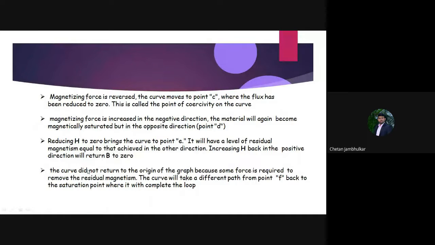The curve does not return to the origin of the graph because some force is required to remove the residual magnetism. So the curve takes a different path from point F back to the saturation point, where it completes the loop.